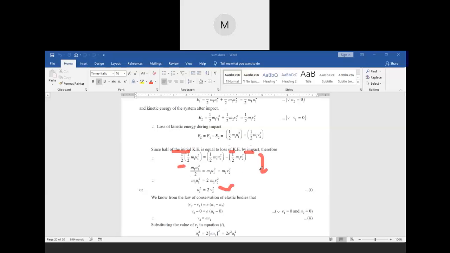This is simple mathematics. After you find these equations, that means the relationship between u1 and v2, you can write it in this manner using the law of restitution for elastic bodies.